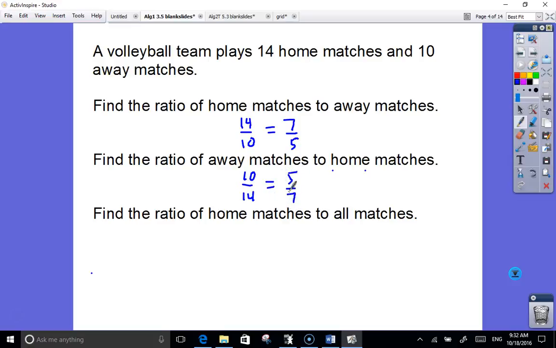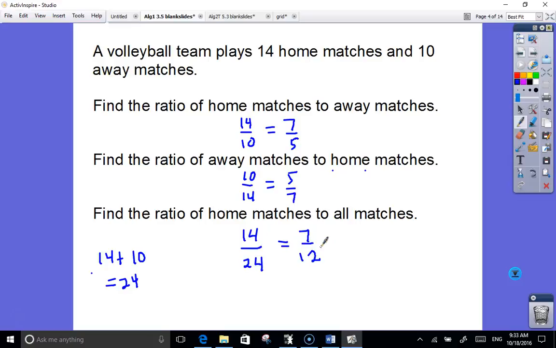Okay, what about the ratio of home matches to all matches? The total home matches were 14, and the total was 14 plus 10, 24. So let's put in a 24, and then simplify the fraction. What do you got? 7 over 12. Good.